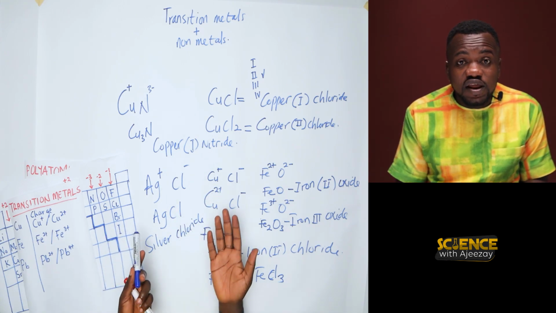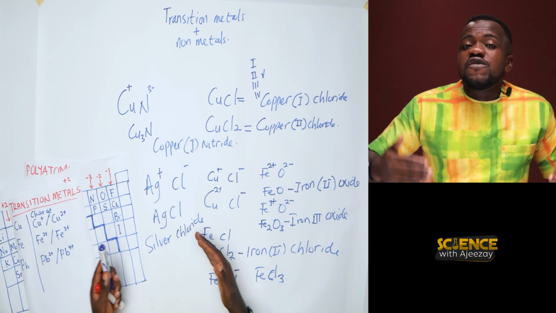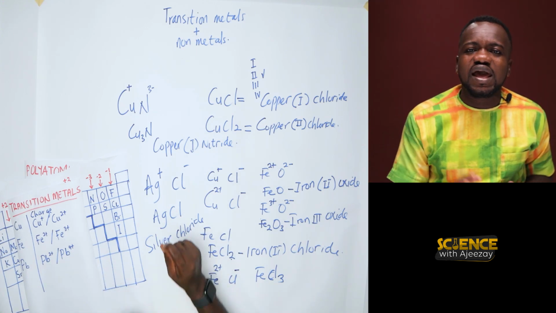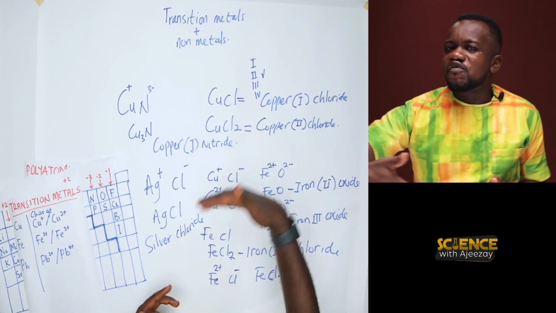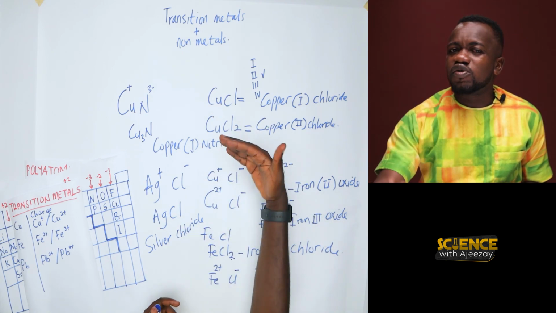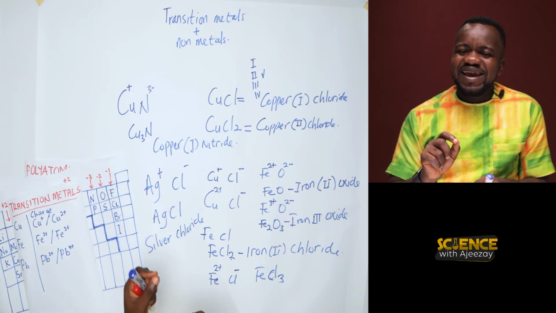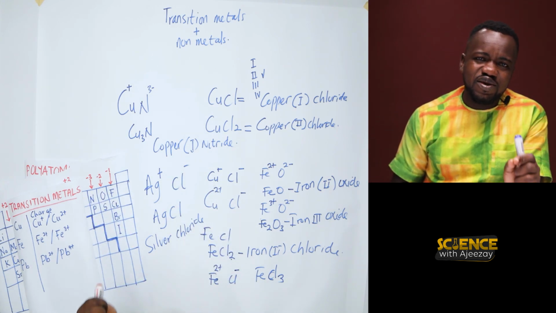We have a couple of them. Zinc is one of them. So zinc, even though it is a transition metal, does not exist in different forms, like the copper, the lead, and the iron, and so forth.